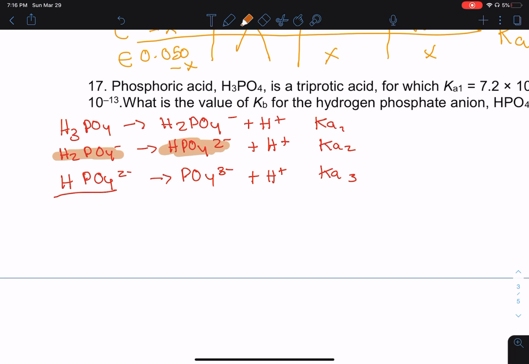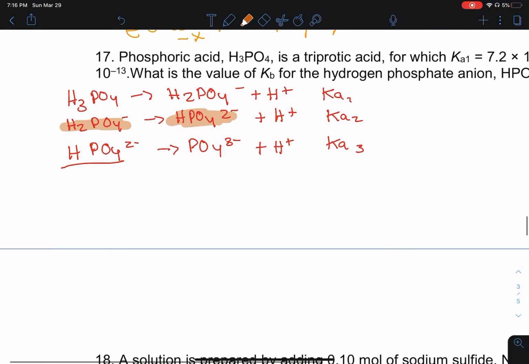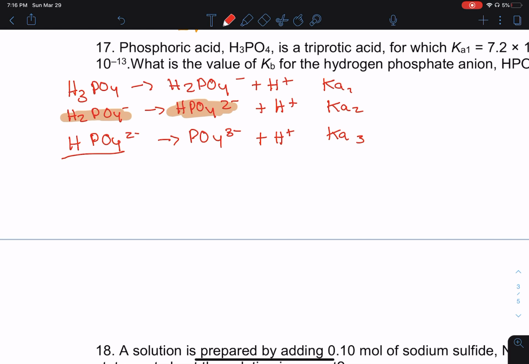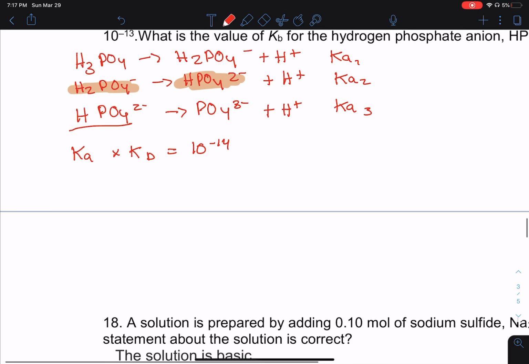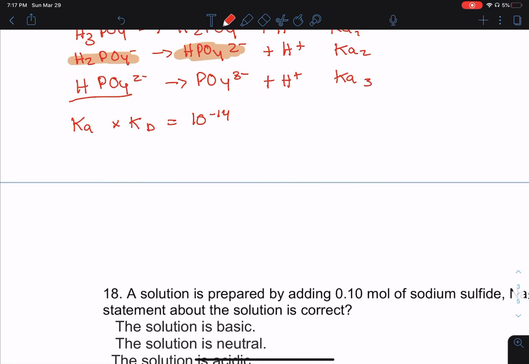Ka of a conjugate acid and Kb of a conjugate base are related as such: Ka times Kb equals 10 to the negative 14. Thus, the Kb for HPO4 2 minus is found from Ka2 times Kb equals 10 to the negative 14.